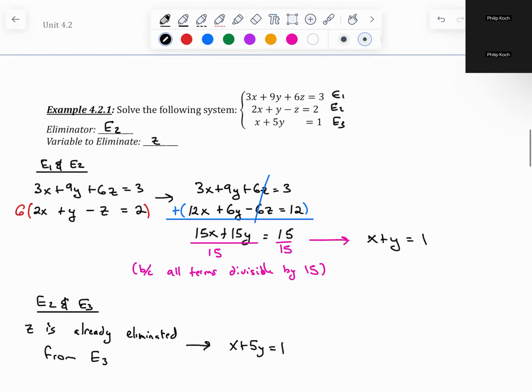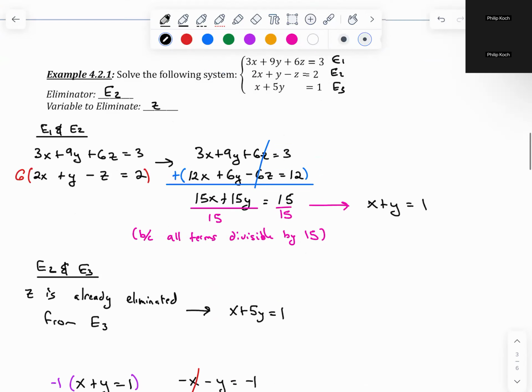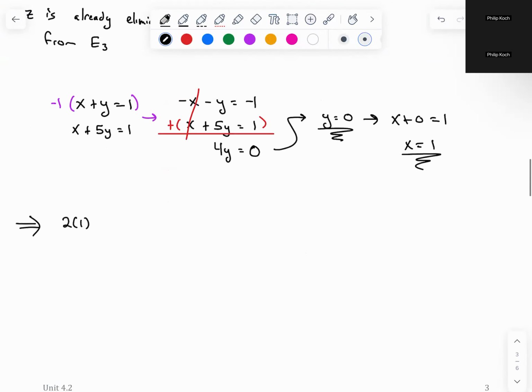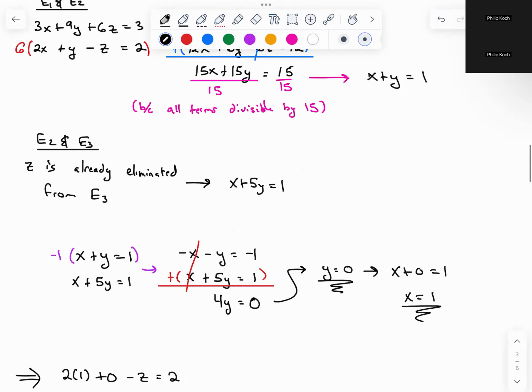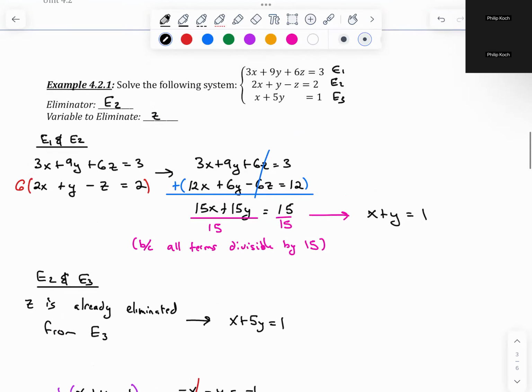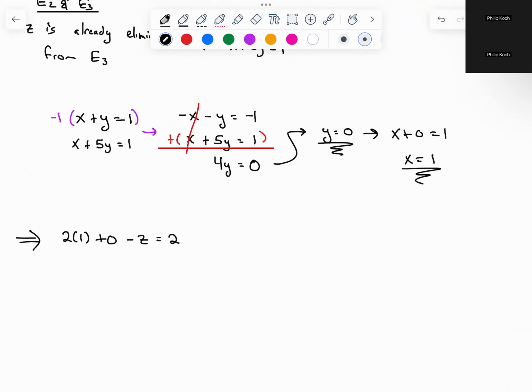So 2 times 1, and then y plus y, so plus 0, minus z is equal to 2. And that's 2 minus z is equal to 2. That gives me negative z is equal to 0. That gives me z is equal to 0.